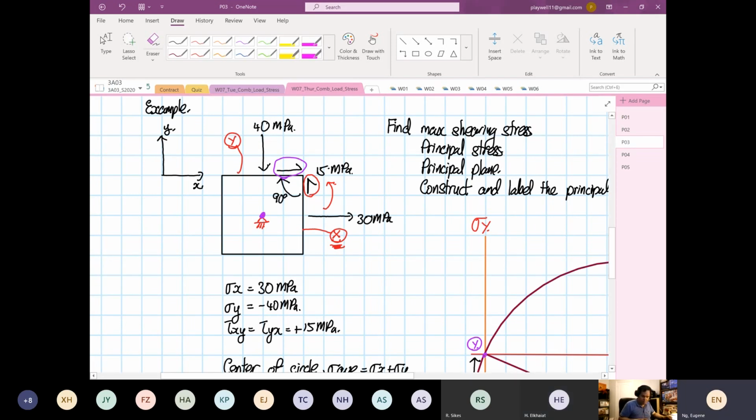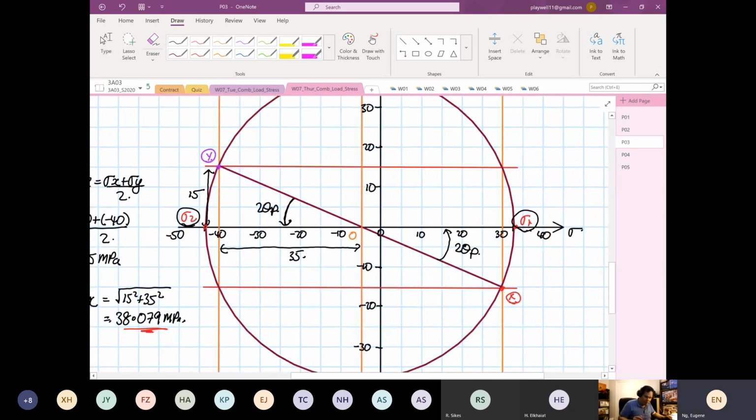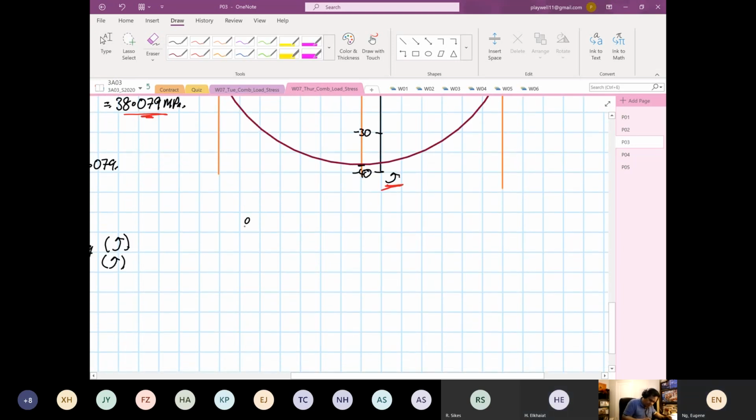Right? From point X to point Y on Mohr circle, what is this angle? 180. So therefore, on Mohr circle, it is 2 theta p.